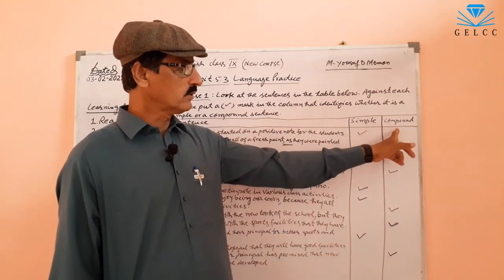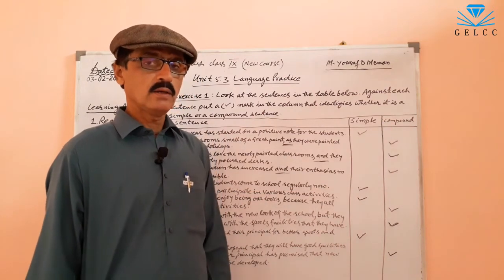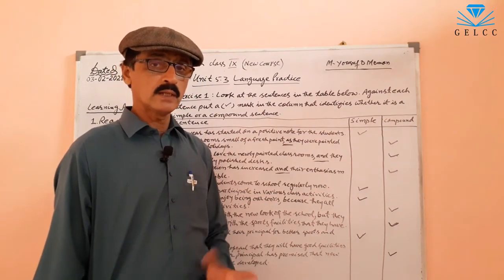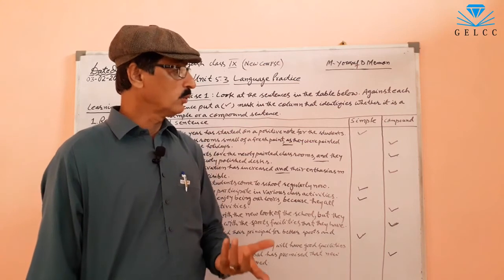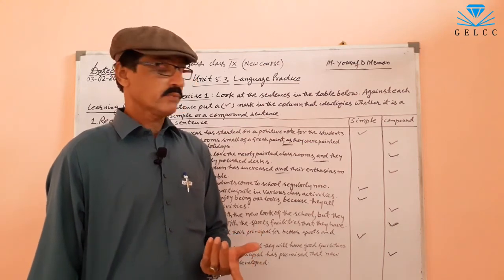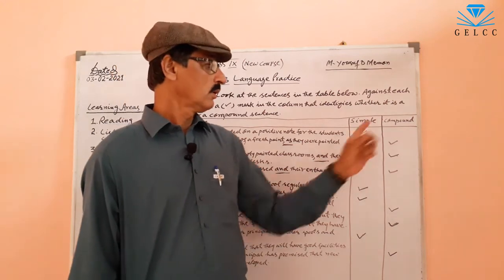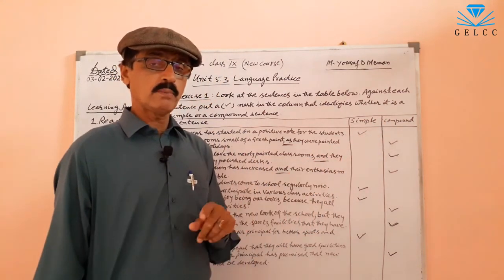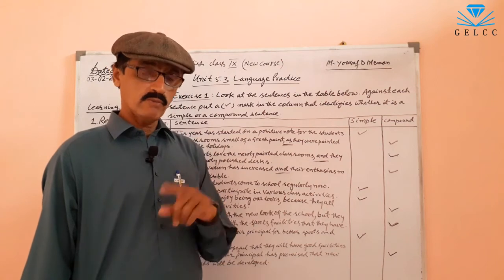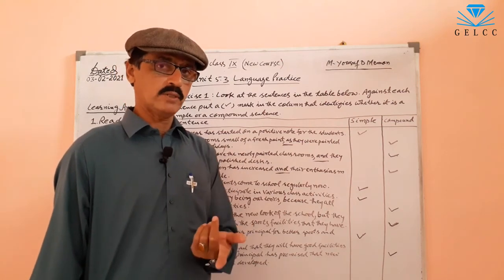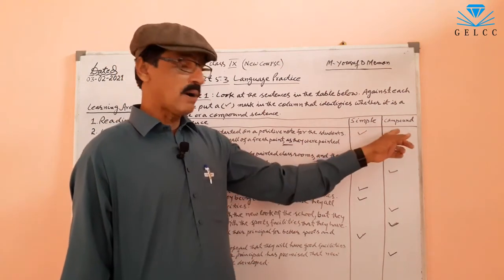A compound sentence is joined by two independent clauses, two simple sentences. But a complex sentence has one main clause and two or more dependent clauses.